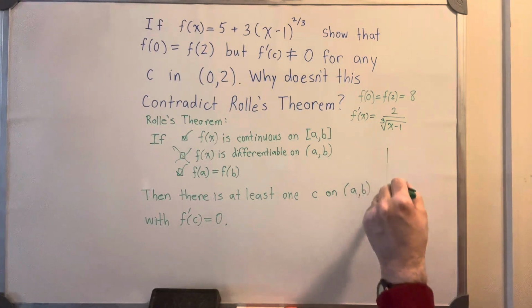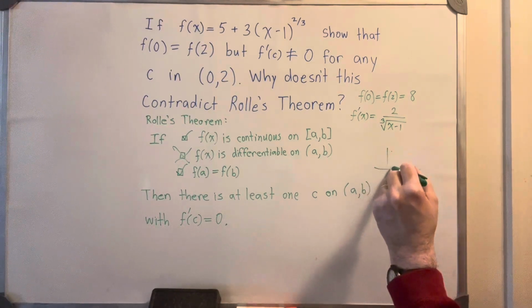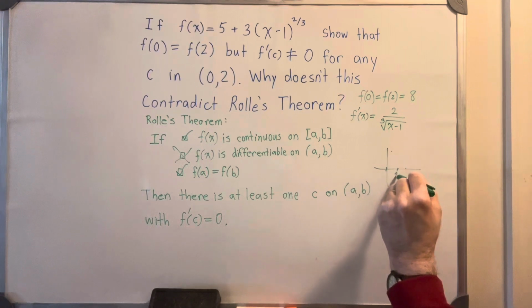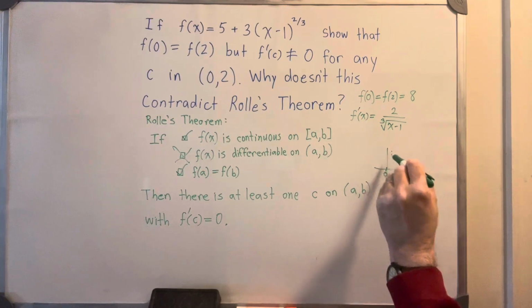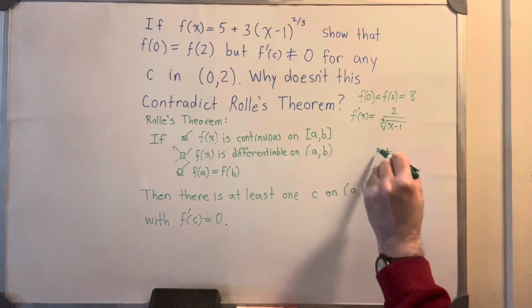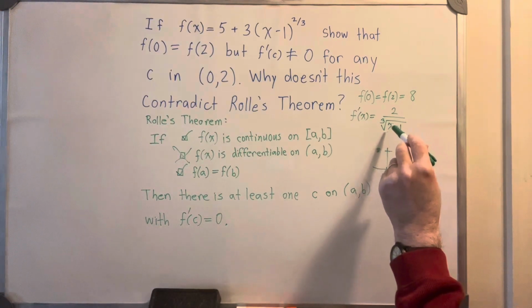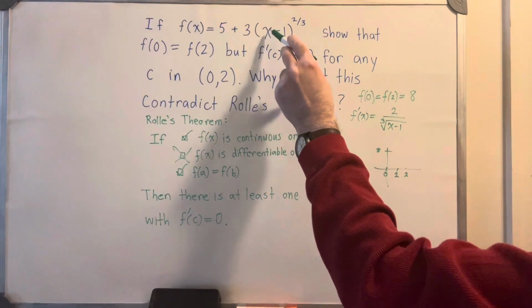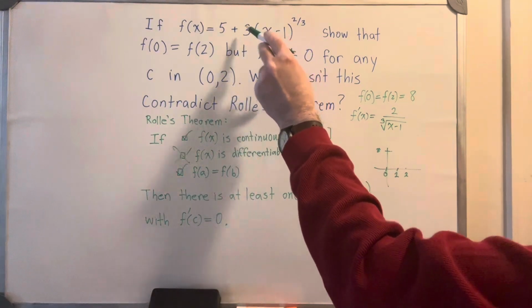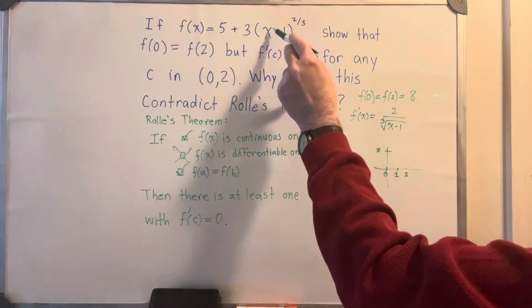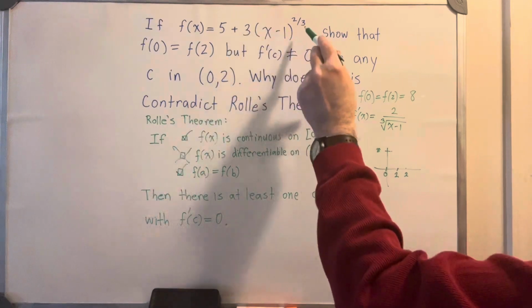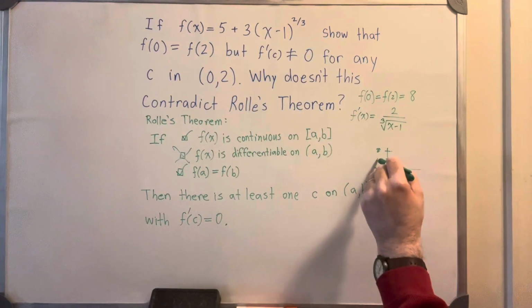If you draw this function, it kind of looks like this, and this is 8. Now if x equals 1, then 1 minus 1 is 0. So this goes away and it's just 5.